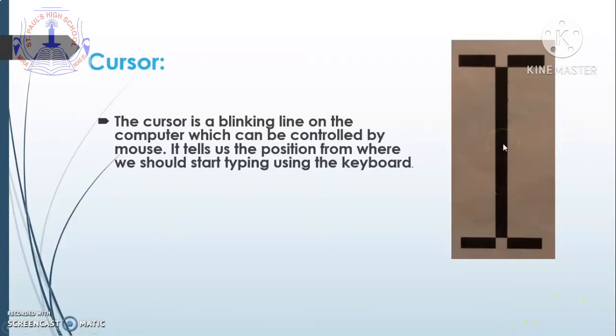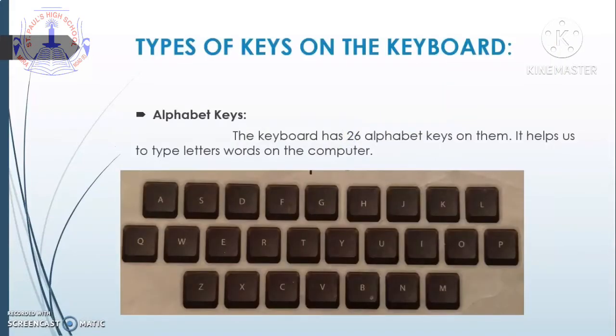It appears on the screen when you are typing, and it tells us where we have to start, where we have to stop and where we have already stopped. So the cursor shows us this. The cursor also works with the help of a mouse. With the help of the mouse and also the keyboard, it tells us where to start typing.